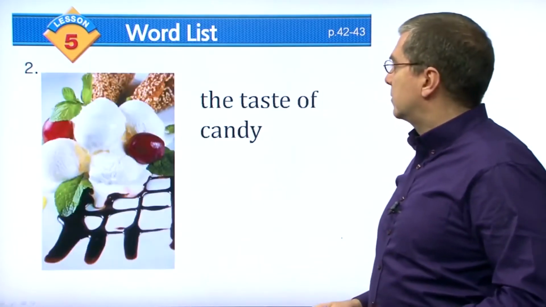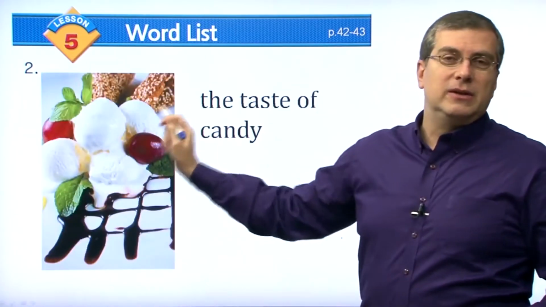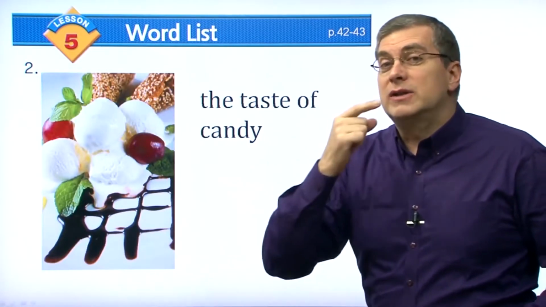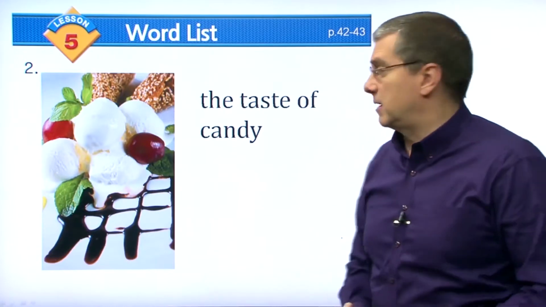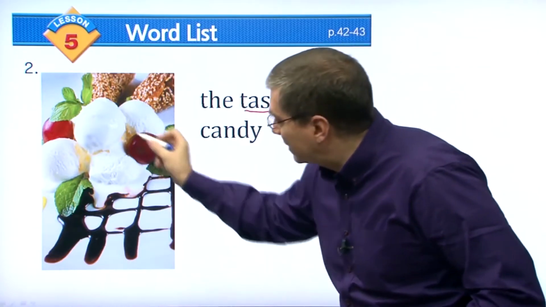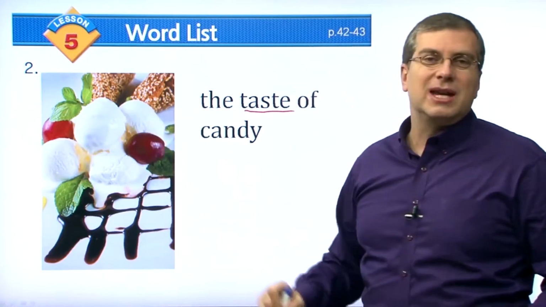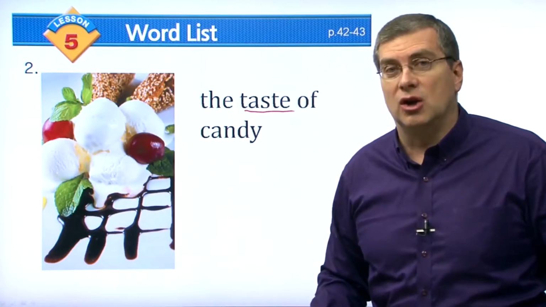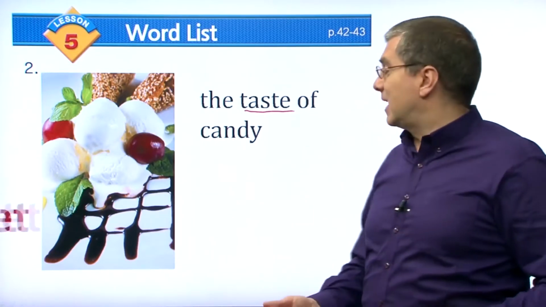Okay, the next word. Now this is something to do with one of the senses we talked about: when you use your tongue, when you taste something. The taste of candy, or in this case, ice cream. Ice cream, candy, cake, things that have sugar. What does it taste like?